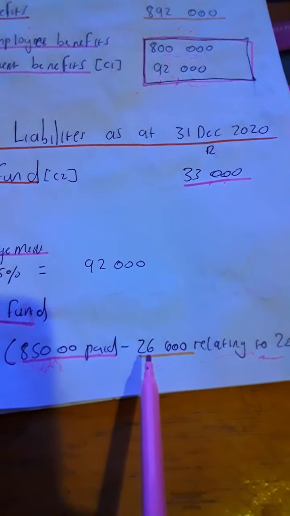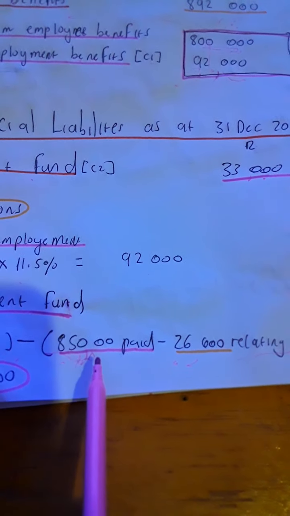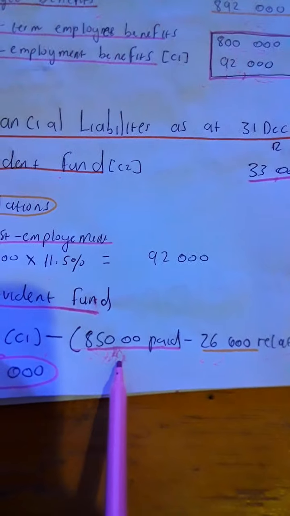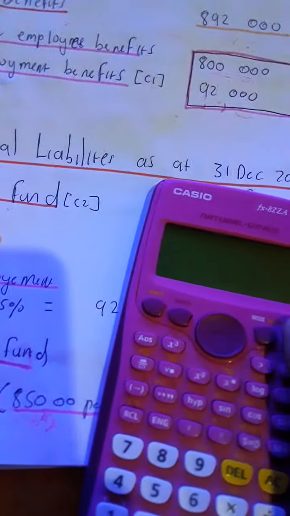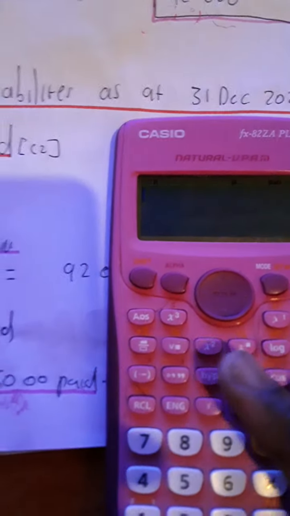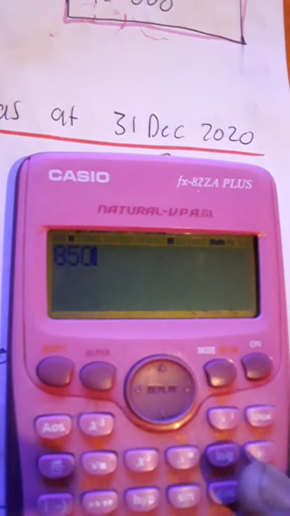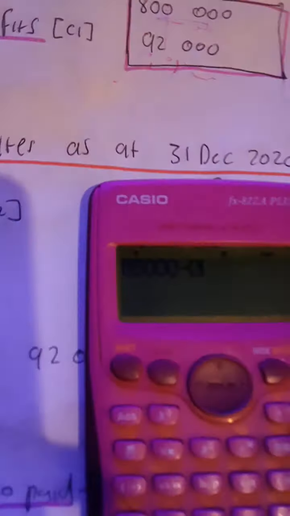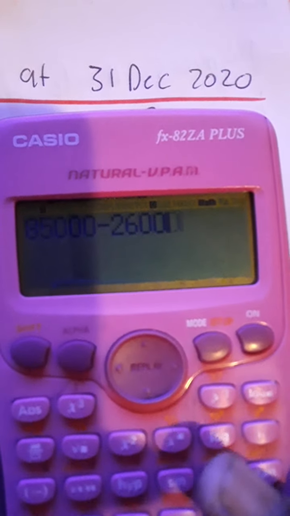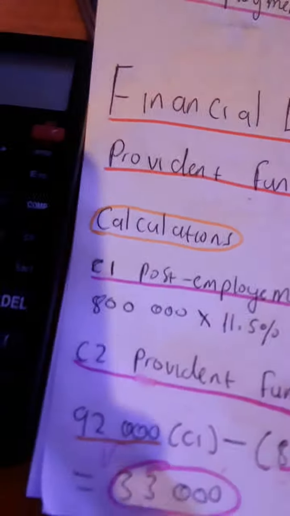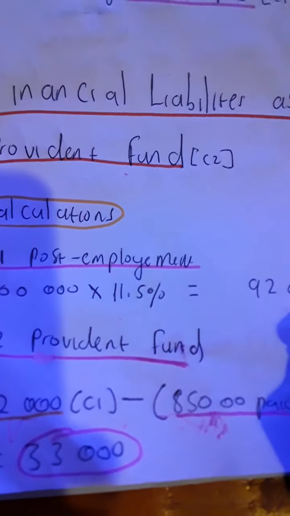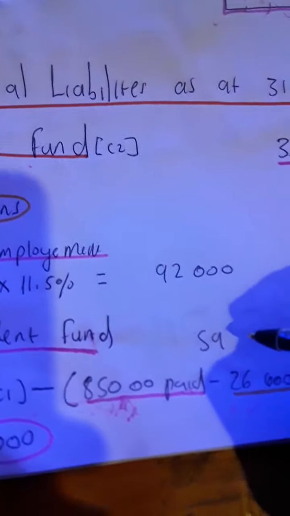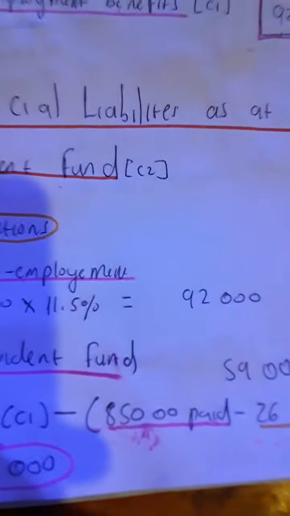So this is why we subtract the 26,000 from the 85,000 which was paid. 85,000 minus 26,000 gives us 59,000.